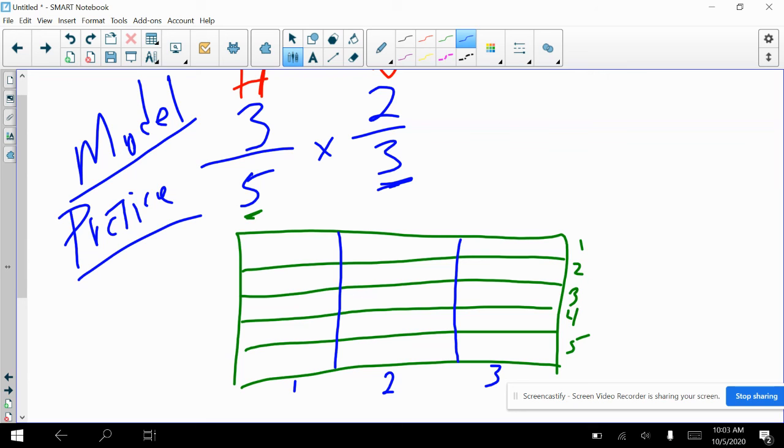Okay, now the numerators here tell us how many we're going to shade in. So with my highlighter, look at this. There's 1, there's 2, there's 3. I shaded in 3 horizontal rows.